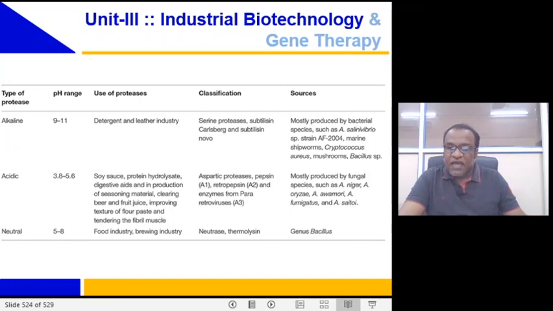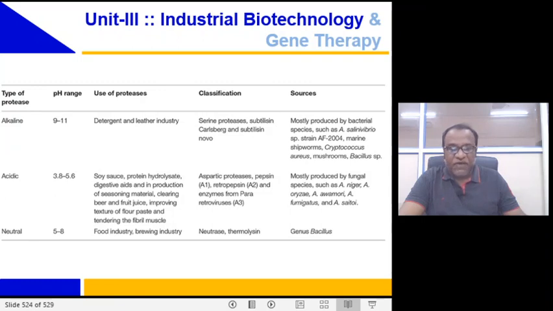Then we have acidic proteases, where the pH range is from 3.8 to 5.6, and they find application in soy sauce, protein hydrolysates, digestive aids, production of seasoning materials, improving texture of the flour paste, and tenderizing the fibril muscle.